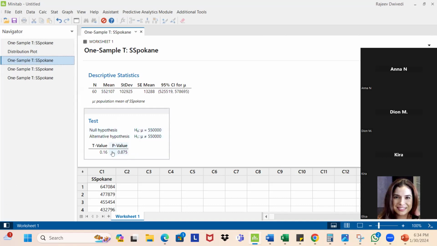But in this case, your null hypothesis is true, which is 550,000 is correct. With 95%, I can say I'm 95% confident that the average housing price in my neighborhood is about $550,000.